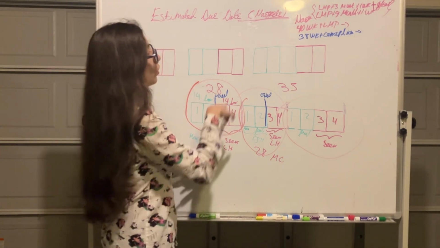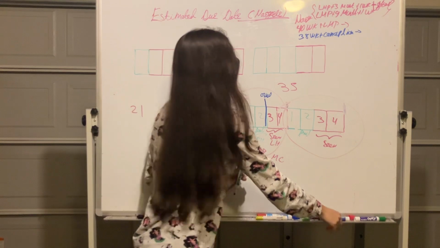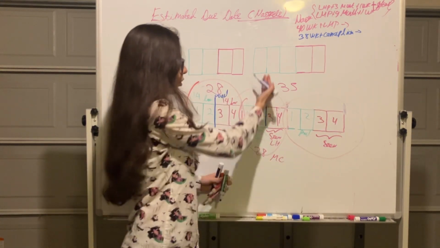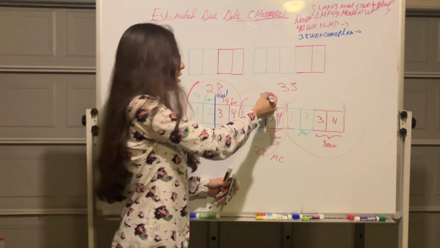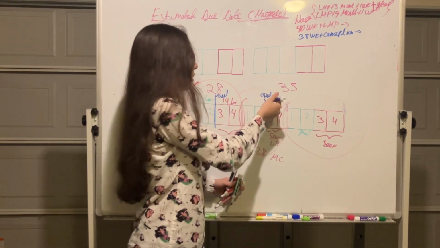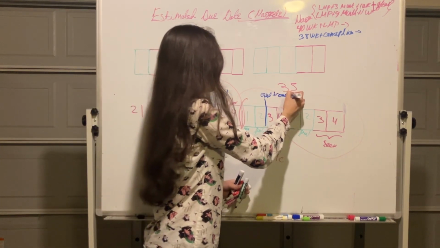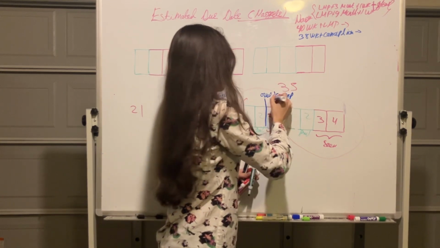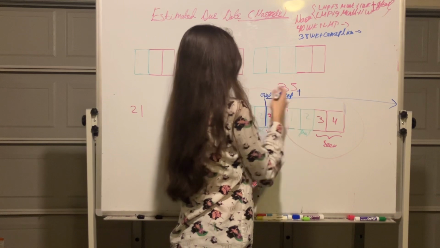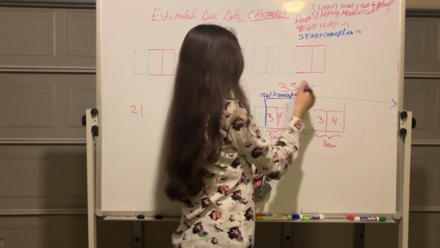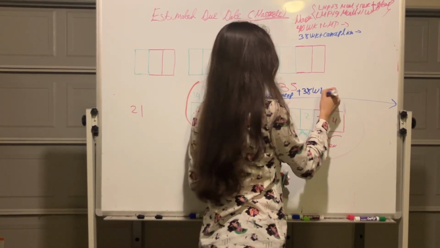So if the due date is 38 weeks after conception, and ovulation occurred here and conception occurred, so the due date is going to be this date, ovulation date or conception date, plus 38 weeks.